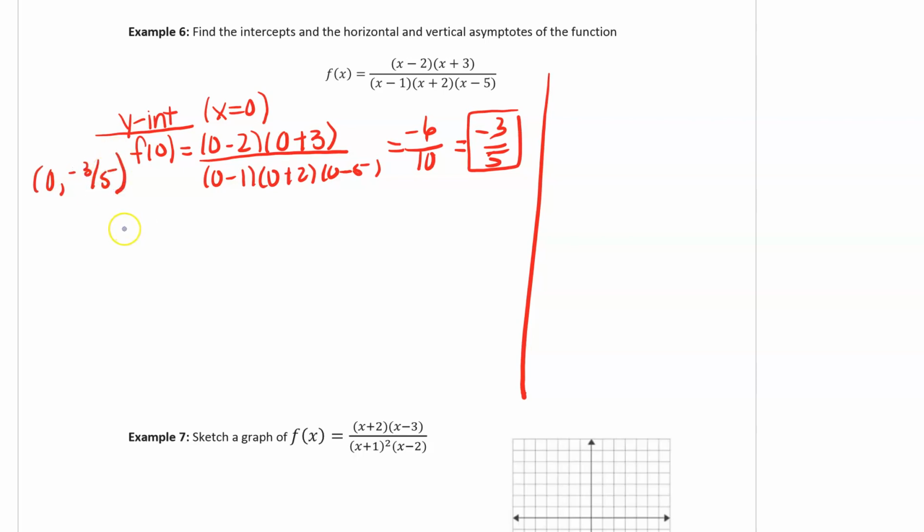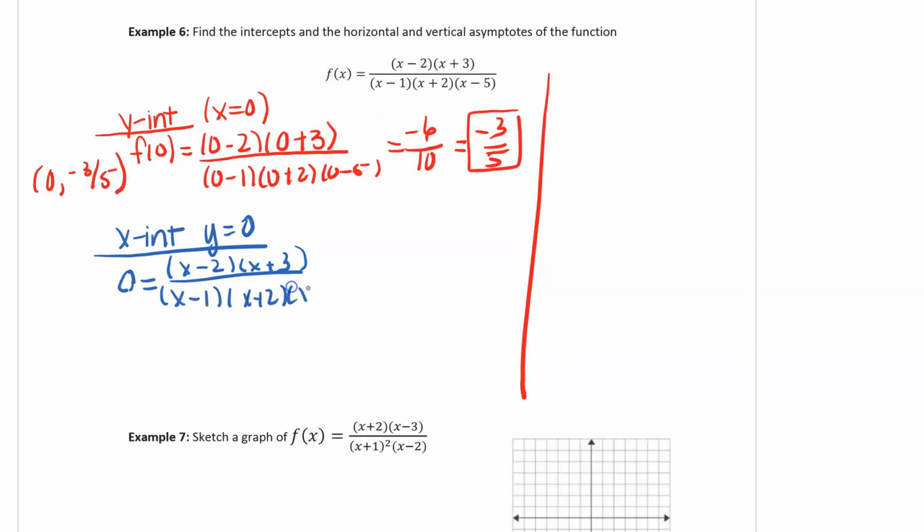Then I want to find my x-intercepts. In order to find my x-intercepts, I'm going to set y equal to 0 and solve. So that would be 0 equal to (x minus 2)(x plus 3), all over (x minus 1)(x plus 2)(x minus 5). Now if I have a fraction equal to 0, then all I'm going to do is set my top equal to 0, because the bottom is never going to be 0 and give me a value of 0.